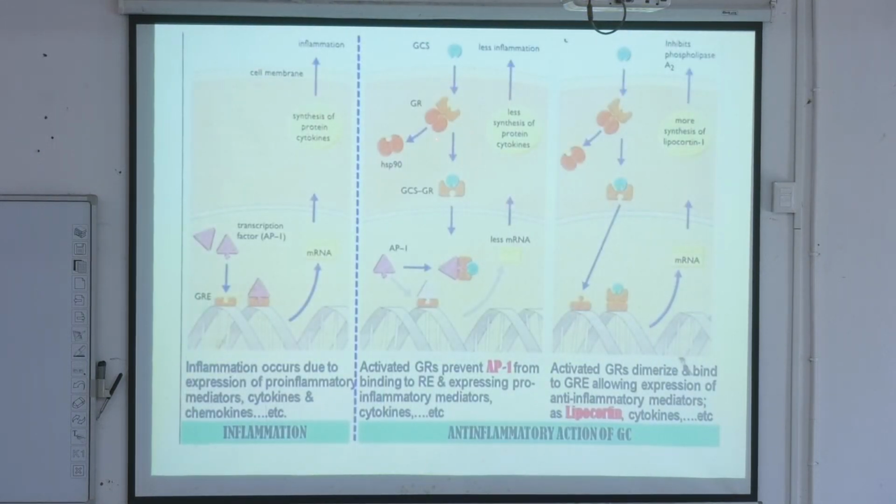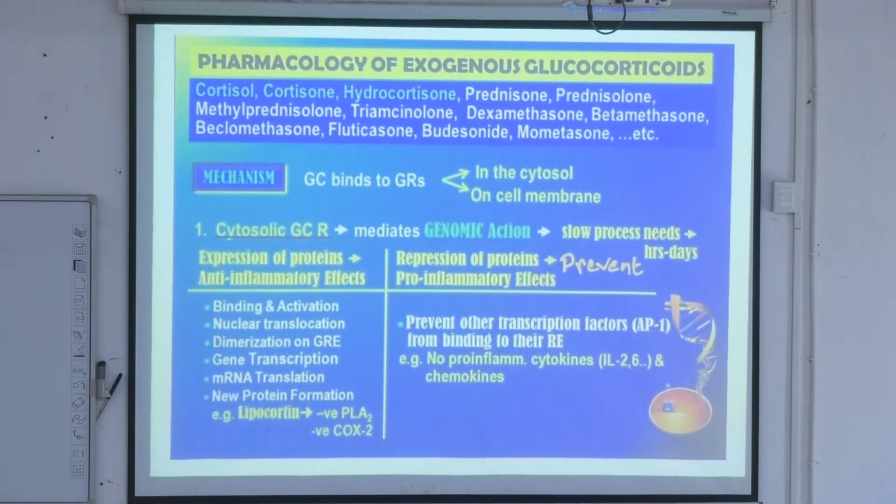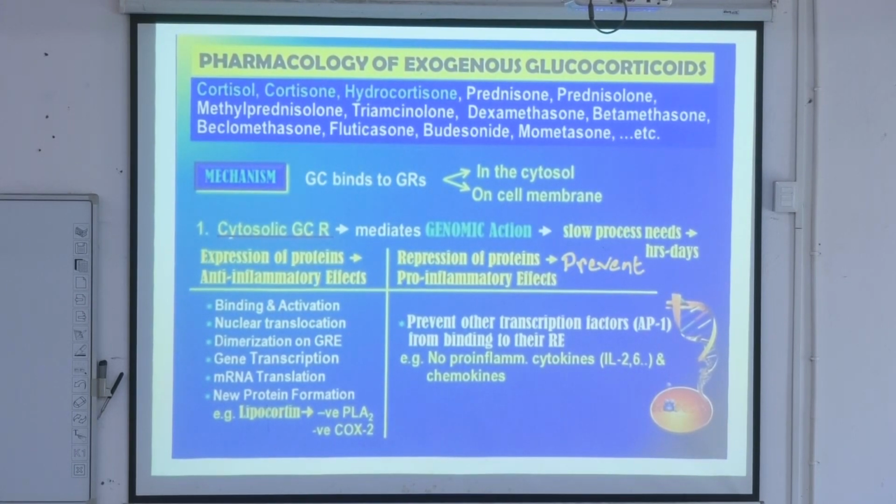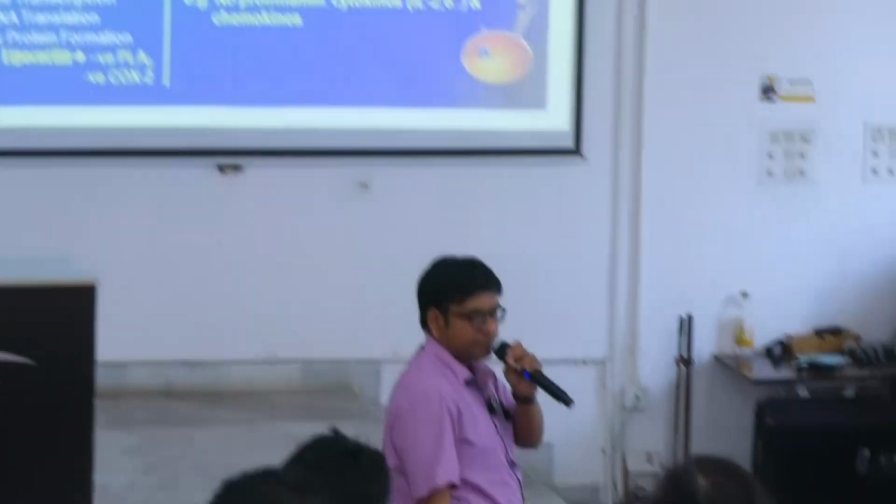That complex goes and binds to specific portions of DNA called the glucocorticoid response element. And on binding to specific portions of DNA, they do two different things.